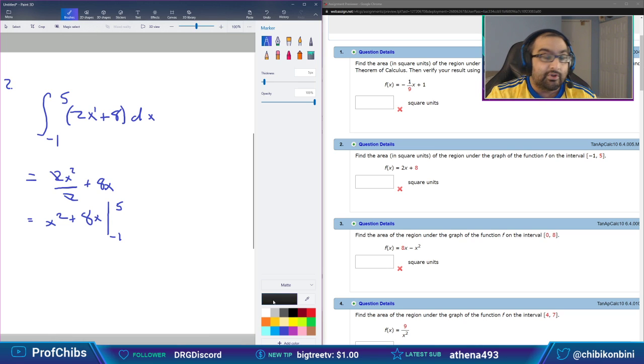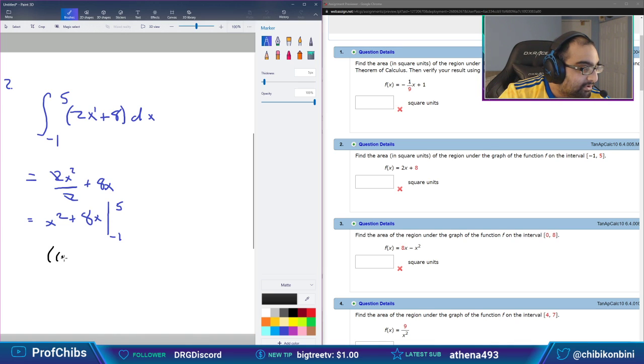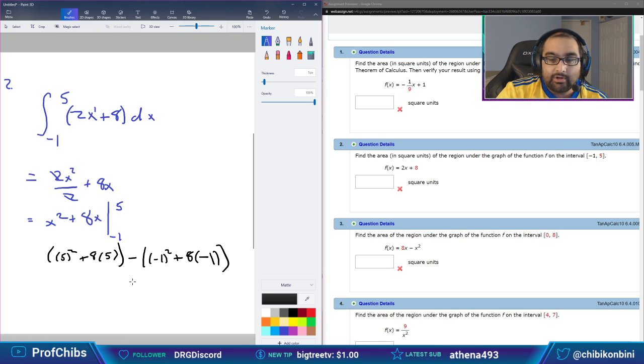Using the fundamental theorem of calculus, all we're going to do is put in 5 first. 5 squared plus 8 times 5. So that'll be one side. And then we'll subtract it from when we plug in -1. We're going to plug in 5 into this integral, and then subtract it from when we plug in -1 into the integral. Then we're just going to see what we get.